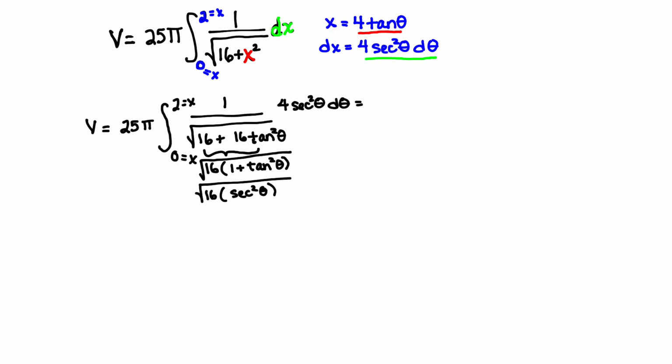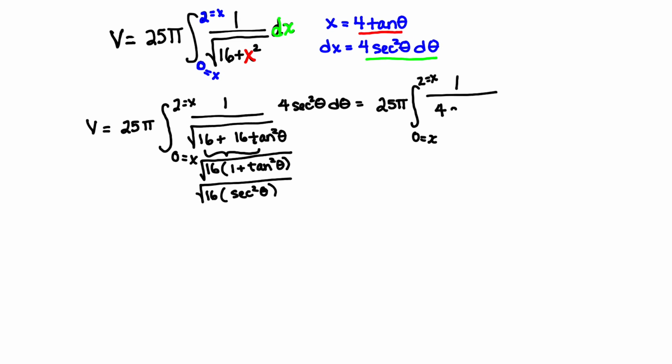And so what does that give us? That gives us that the volume for this solid of revolution from 0 being x to 2 being x, 1 over, and what's on the bottom? The square root of 16, which is just 4, the square root of secant squared, which is just secant theta, times 4 secant squared theta d theta.